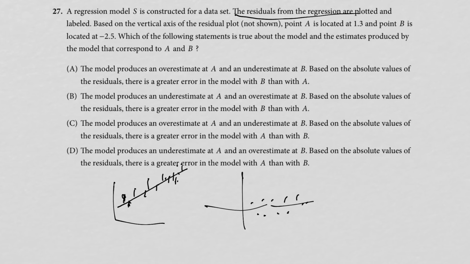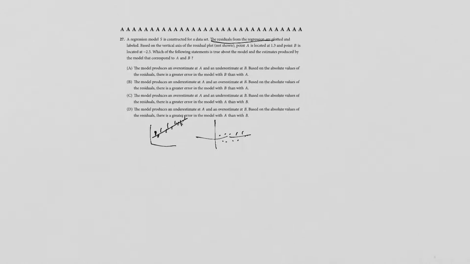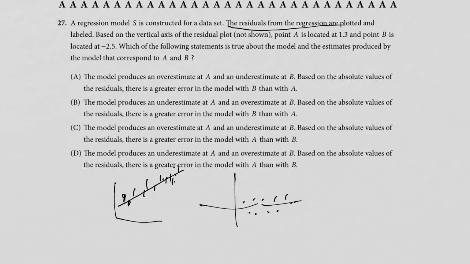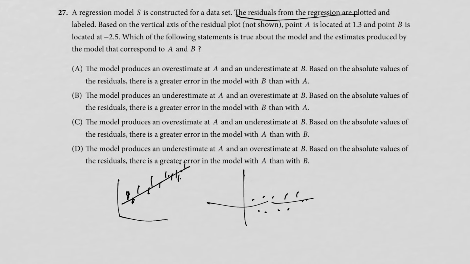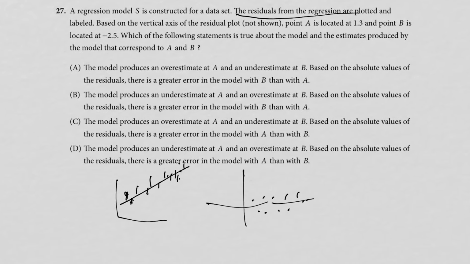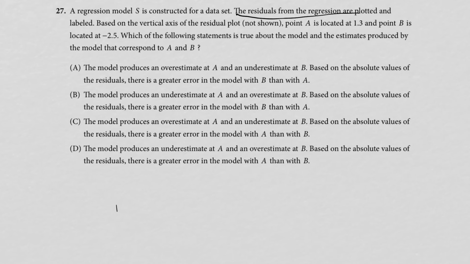Okay, based on the vertical axis of the residual plot, is anything shown now? Based on where point A is located... Okay, I really got to get my mind around this question because I hardly know what they're talking about yet.